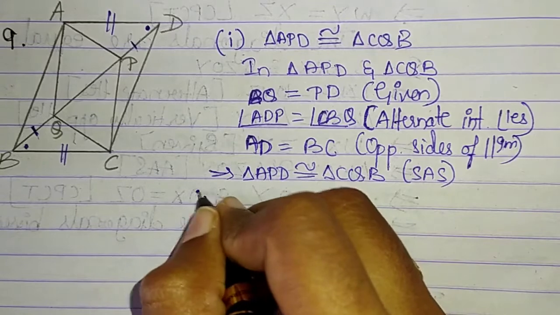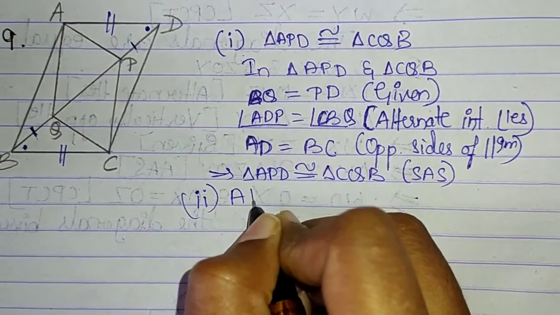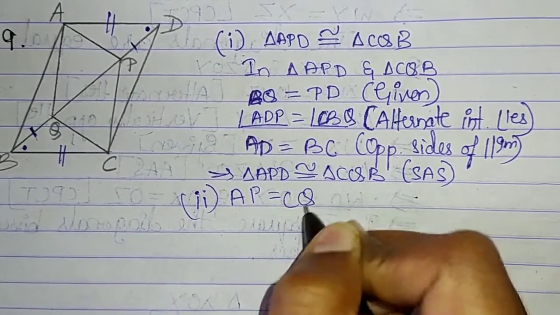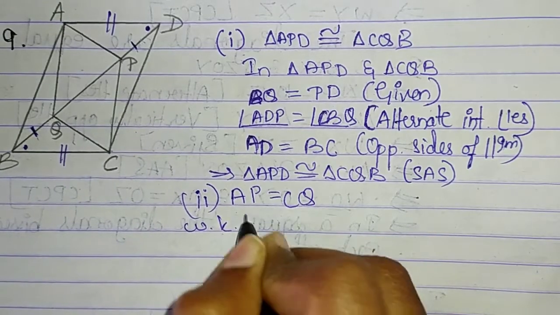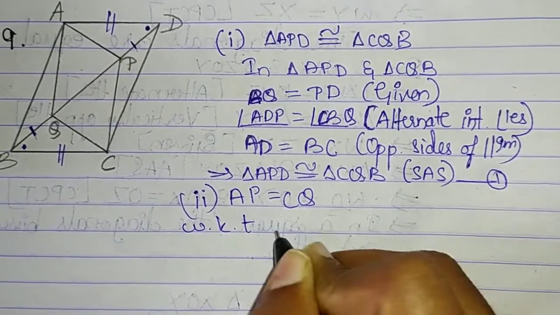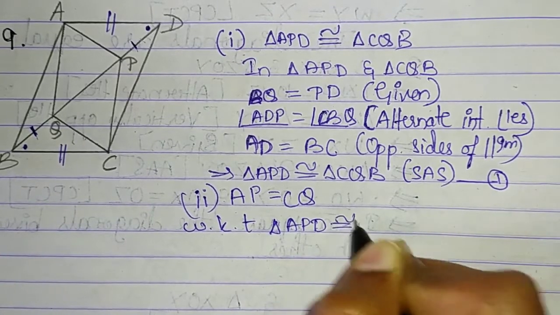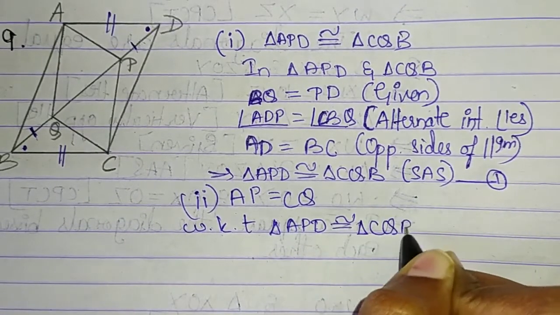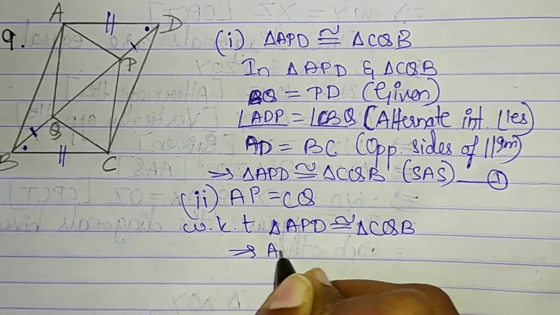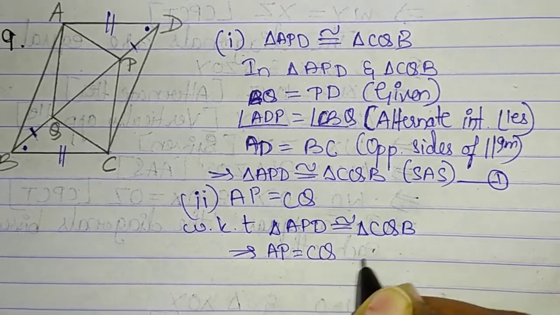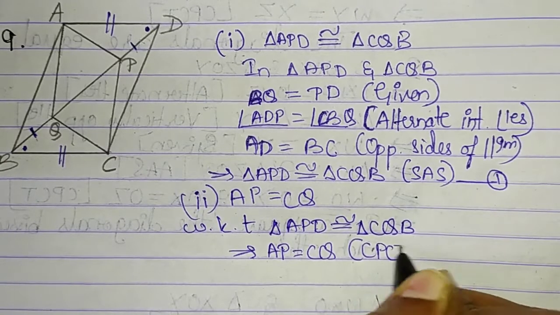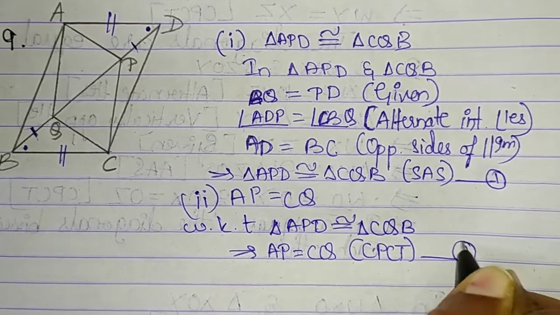Now second, we have to prove that AP is equal to CQ. Name this as result 1. We know that triangle APD is congruent to triangle CQB. So this implies AP is equal to CQ by CPCT. Name this as result 2.